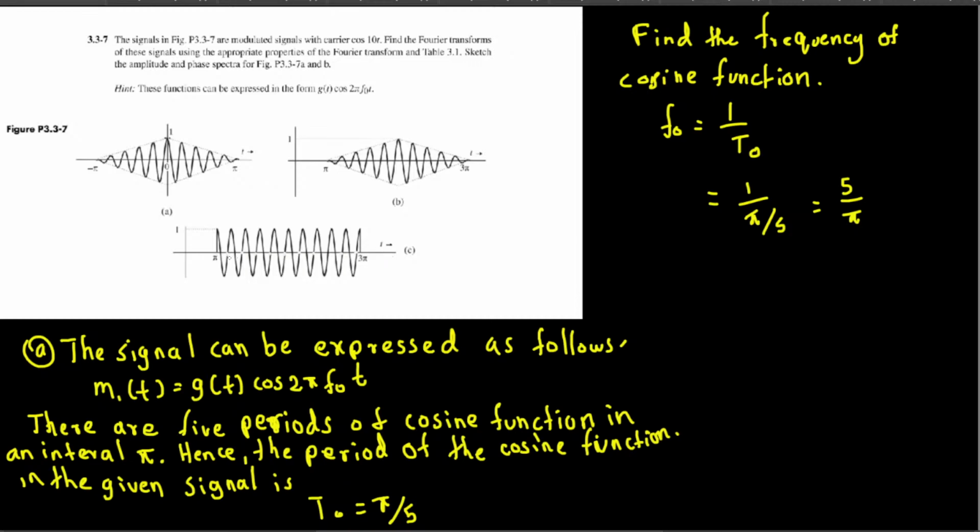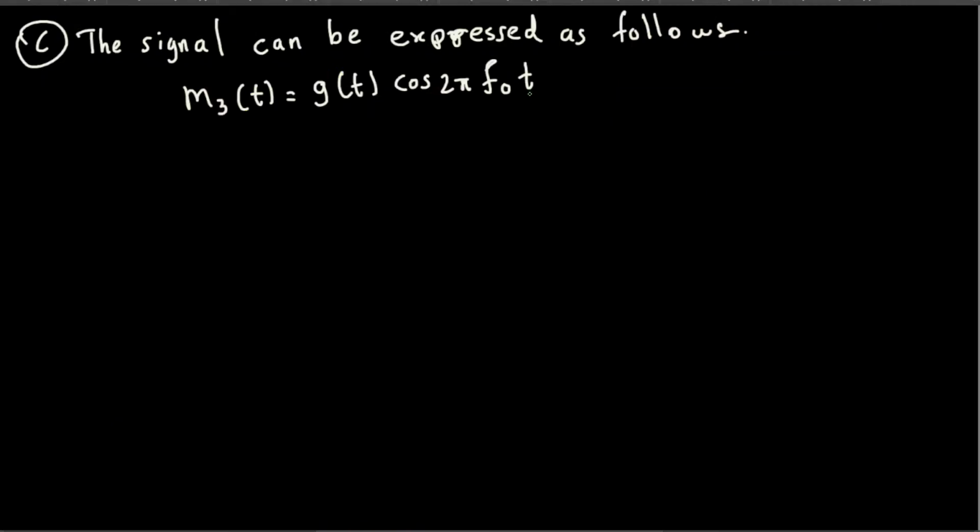Okay, so totally from 2 to 5 we have 10. Let's count again: 1, 2, 3, 4, 5, 6, 7, 8, 9, 10. So from 2 to 5, in the interval we have 10 periods.